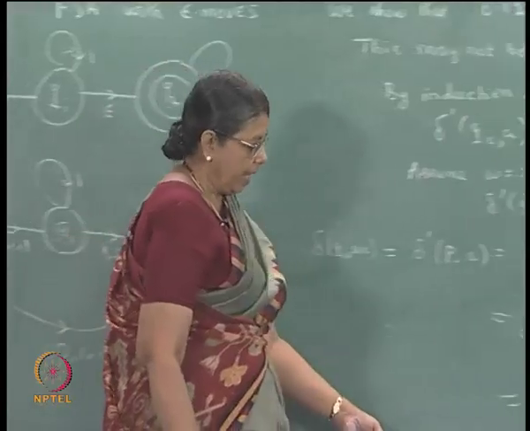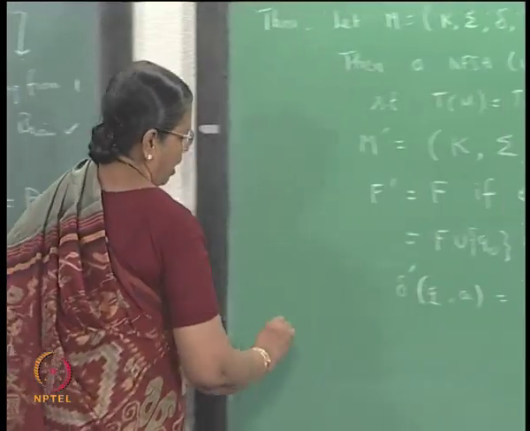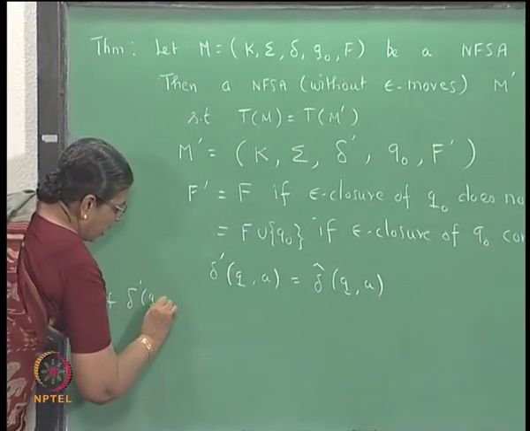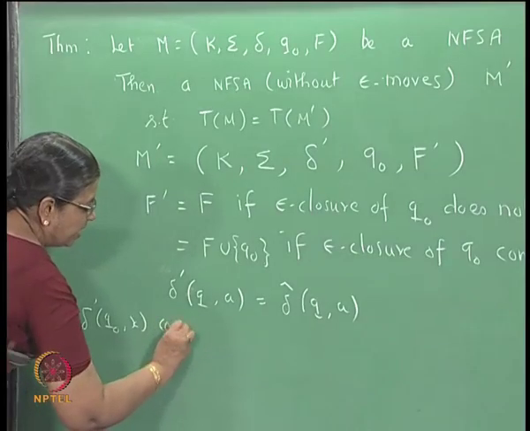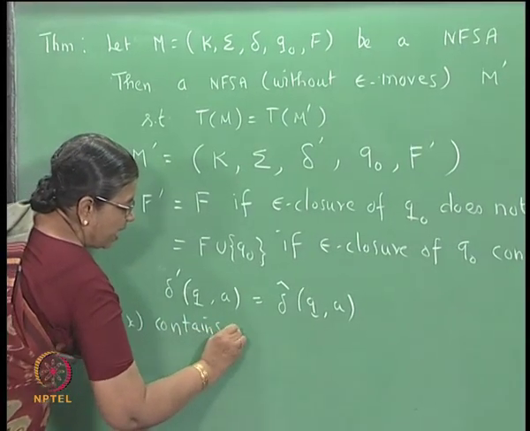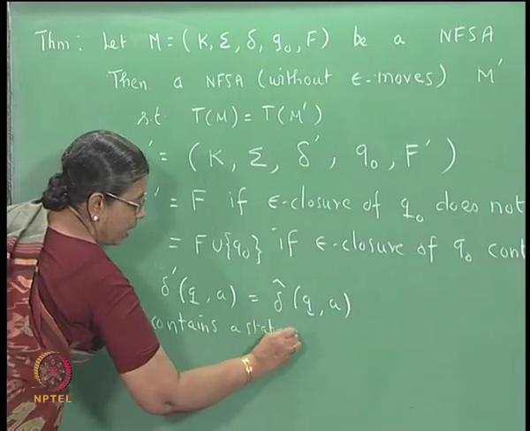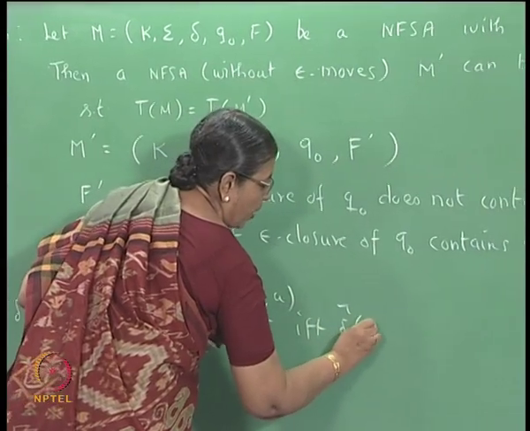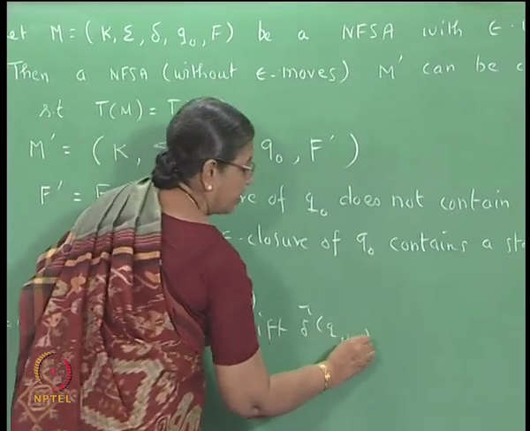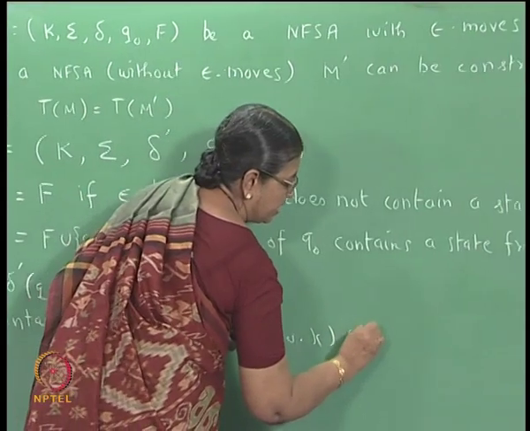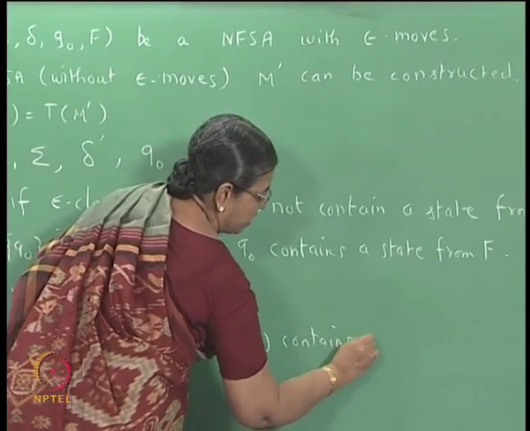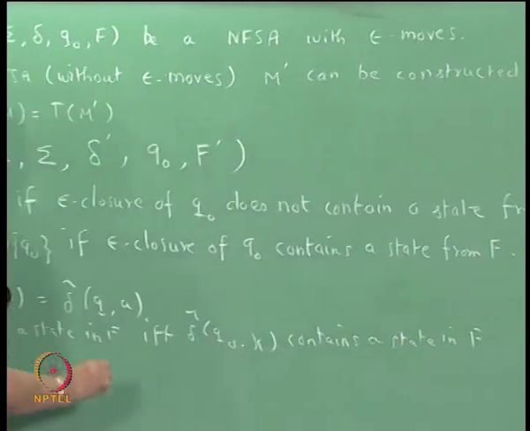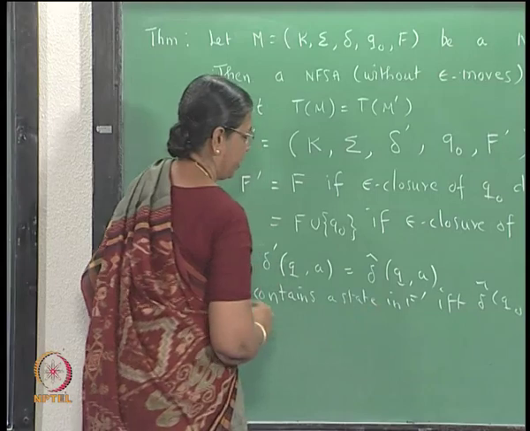Now, you have to show that delta cap q naught x contains a state in F if and only if delta dash q naught x contains a state in F dash.